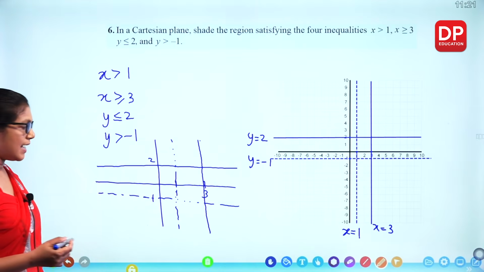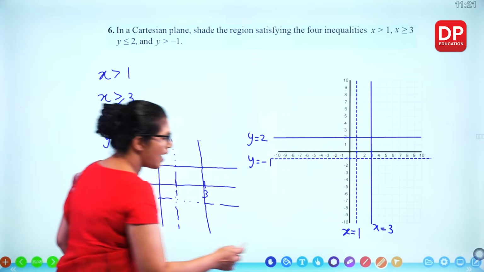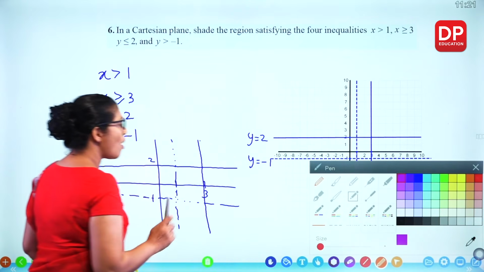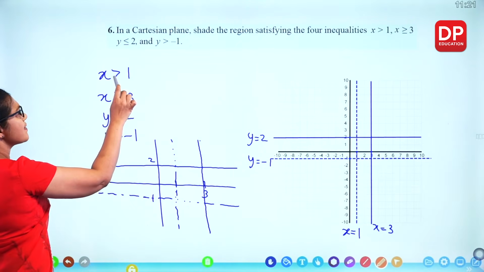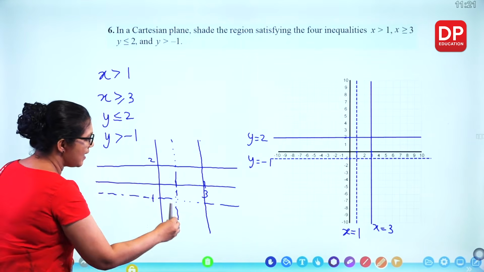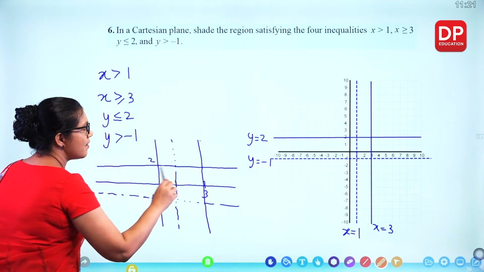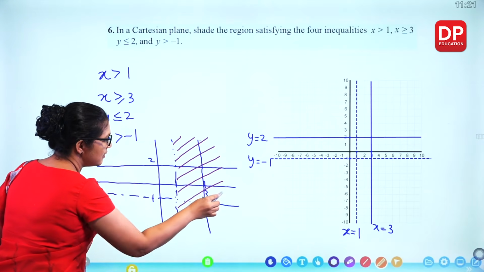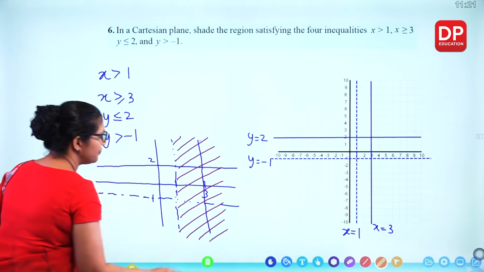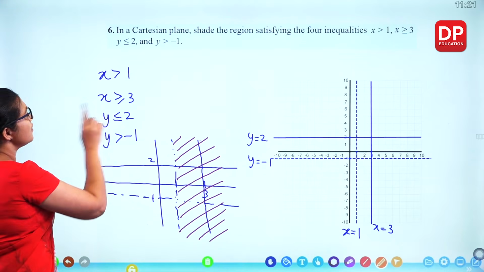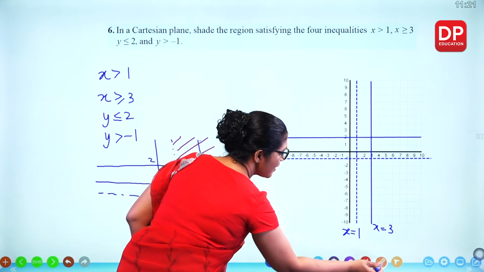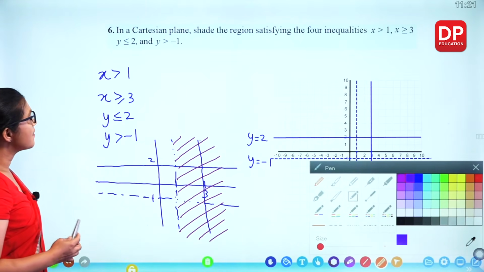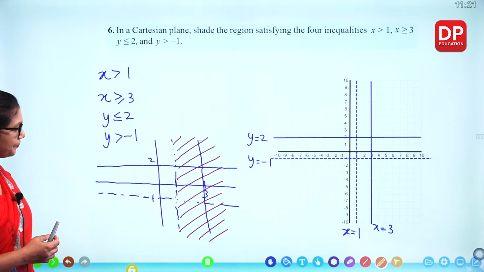Now we'll try to shade it. We'll use different colors, and you need to get the common region. x greater than 1. So this is our line. Greater means towards the right-hand side, so we can color this one. Now the next one, we'll take another color. I'll take purple. x greater than or equal to 3.